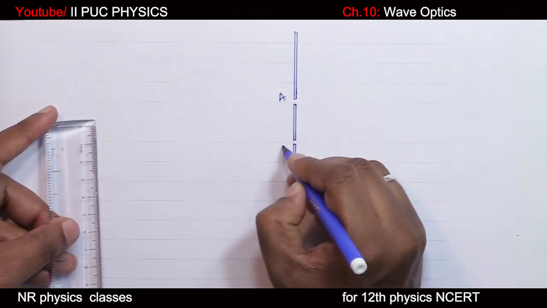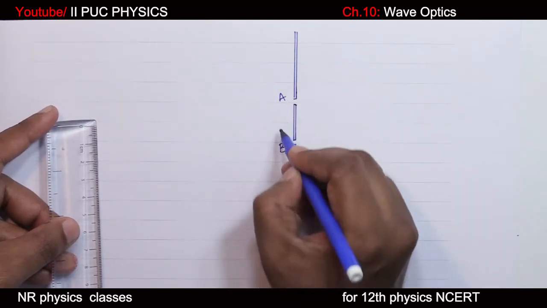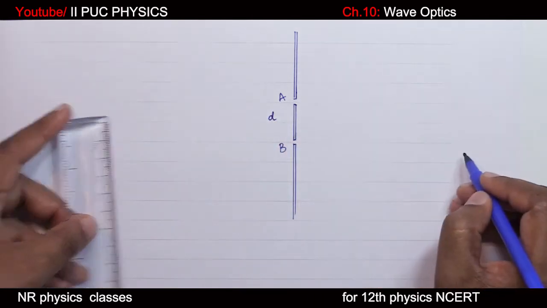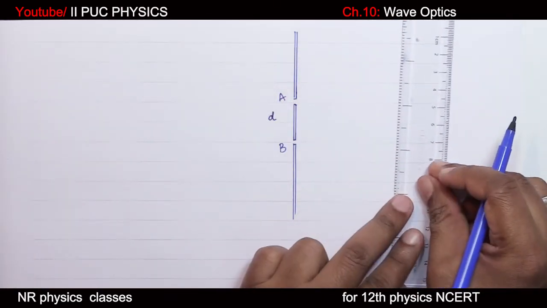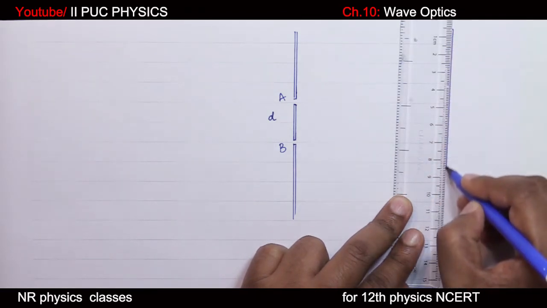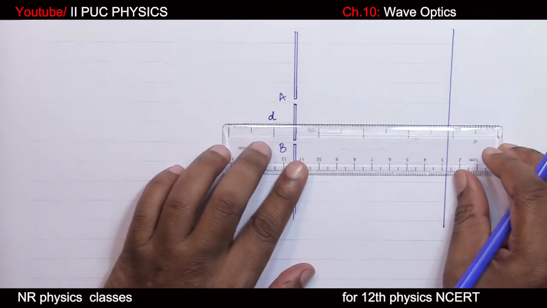A and B are two slits separated by distance d. And this is the screen. This is the median.